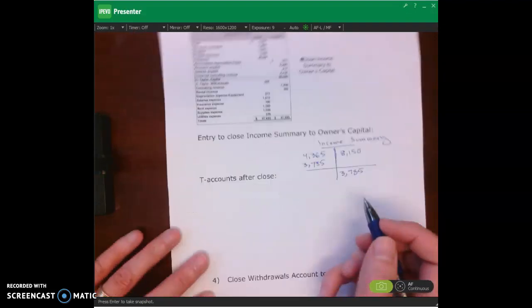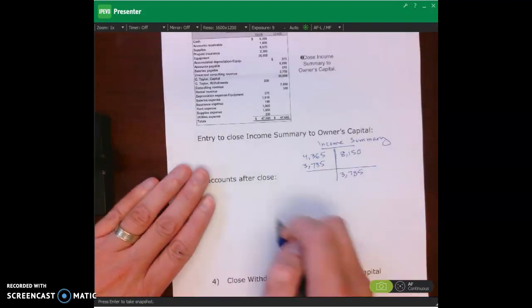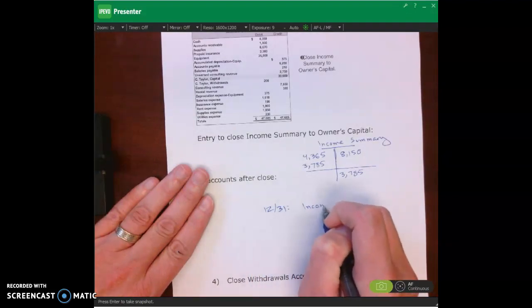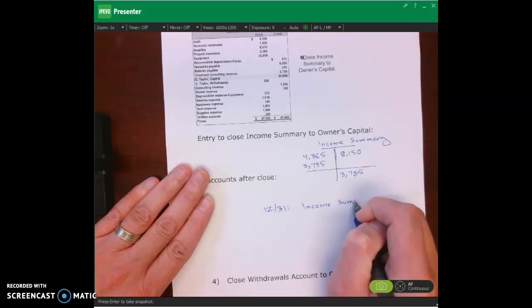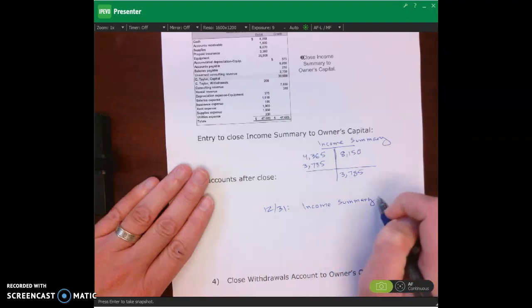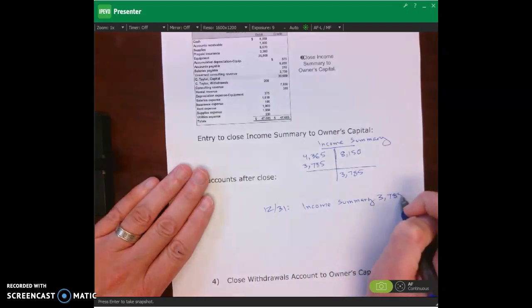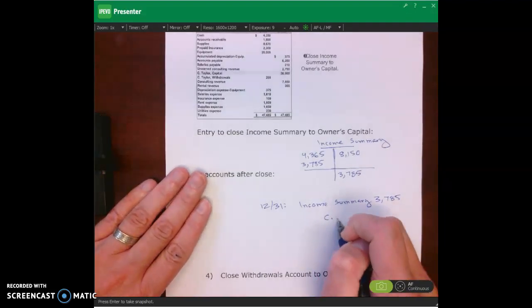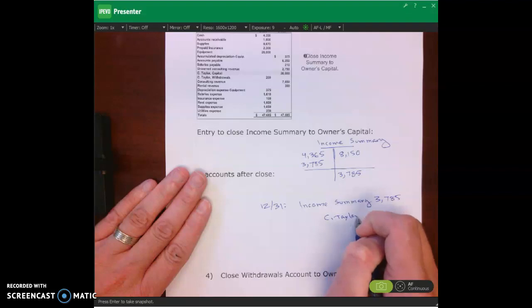Okay? So when we think about our journal entry, we are going to debit income summary for 3,785. And then what will I credit? C. Taylor Capital.